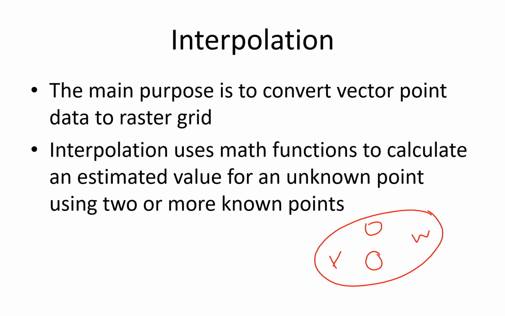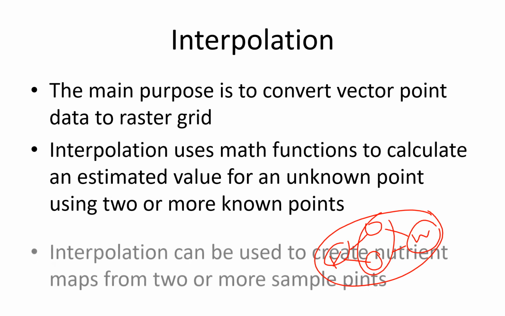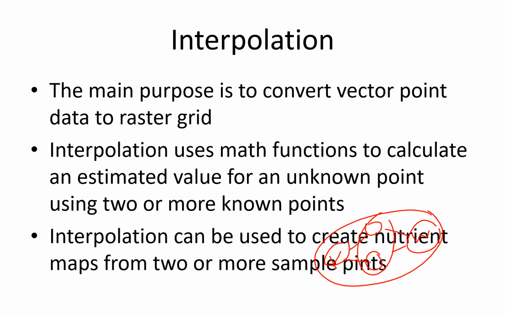Now, interpolation would use this point and this point to estimate what is likely to be in these places where we didn't have time or resources to collect data. So interpolation can be used to create nutrient maps, for example, from 2 or more points.